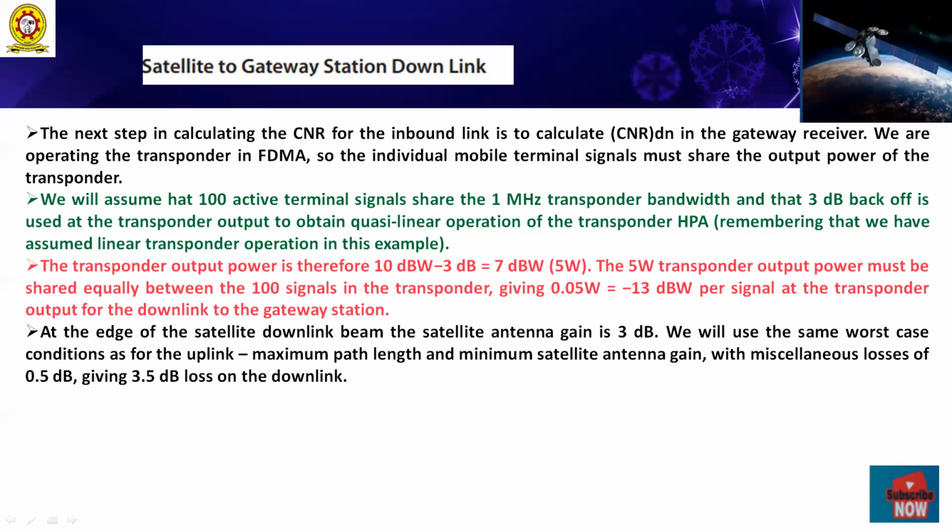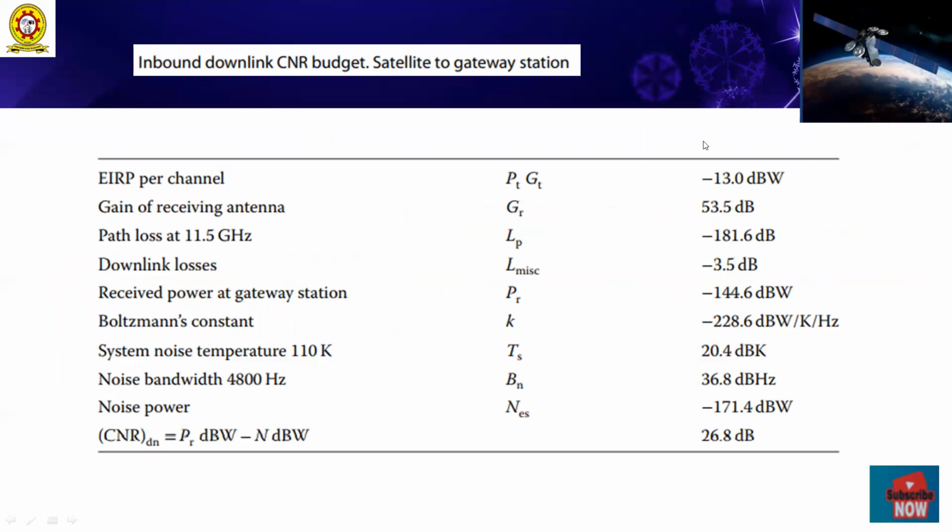Based upon this, let us try to build the budget sheet for this downlink. Let us solve the budget sheet. This is the actual budget sheet for the downlink. To design it, first you configure the EIRP rate. For our 100 channels, the EIRP rate can be minus 13 decibels, and the gain of the receiving antenna should be capable of 53.5 dB.